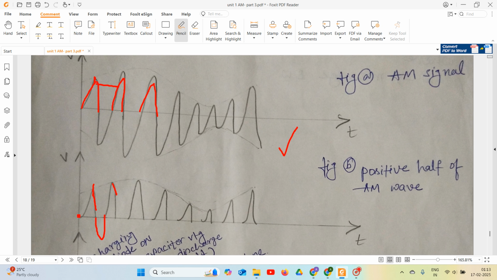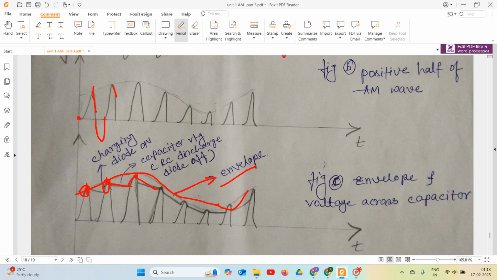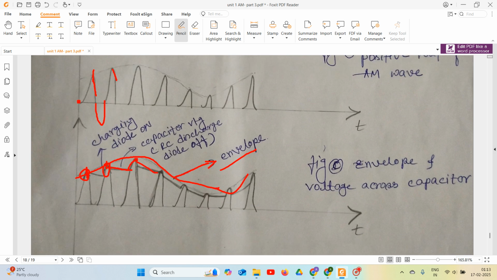Based on this concept, we are able to identify the envelope. In this way we can extract the original signal using the simple diode based envelope detector. I hope you understand this concept. Thank you.